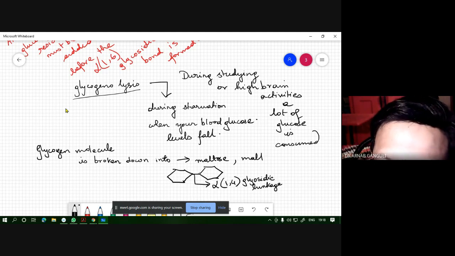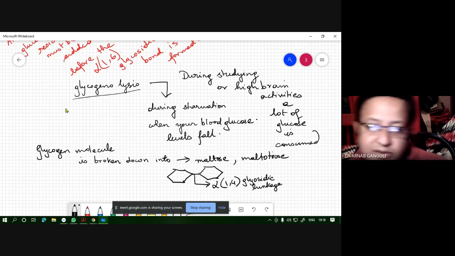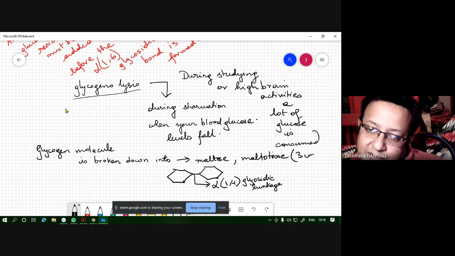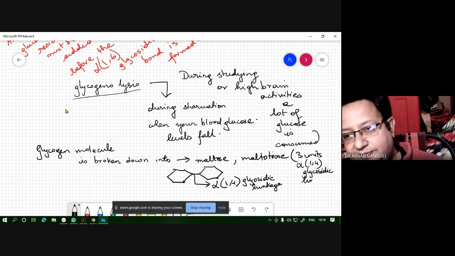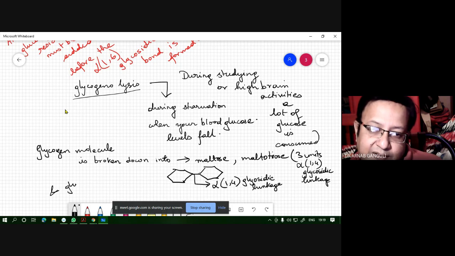Maltotriose has 3 glucose units, 3 units with alpha 1 to 4 glycosidic linkage. And glucose 1-phosphate. Since the phosphate is always at the first carbon, you have the phosphate here always attached.